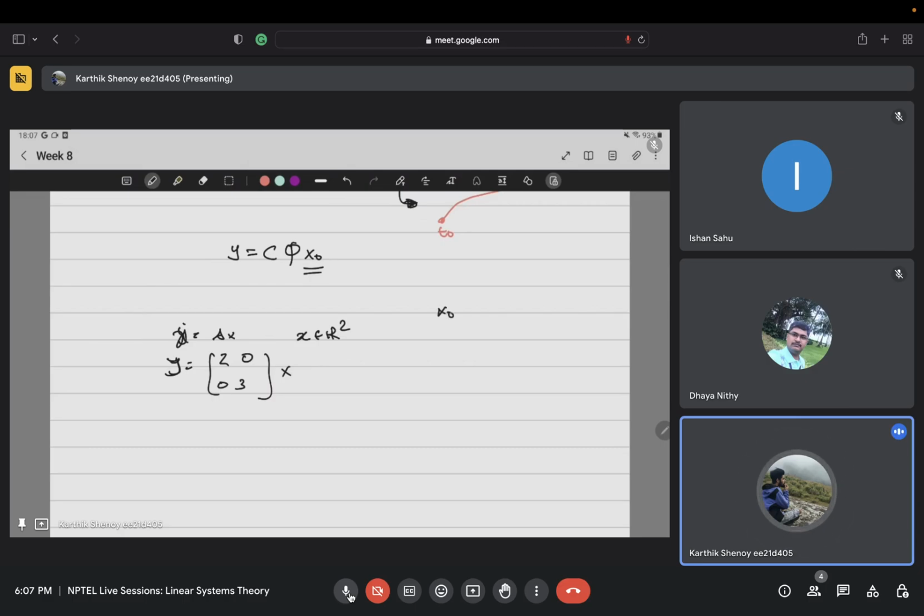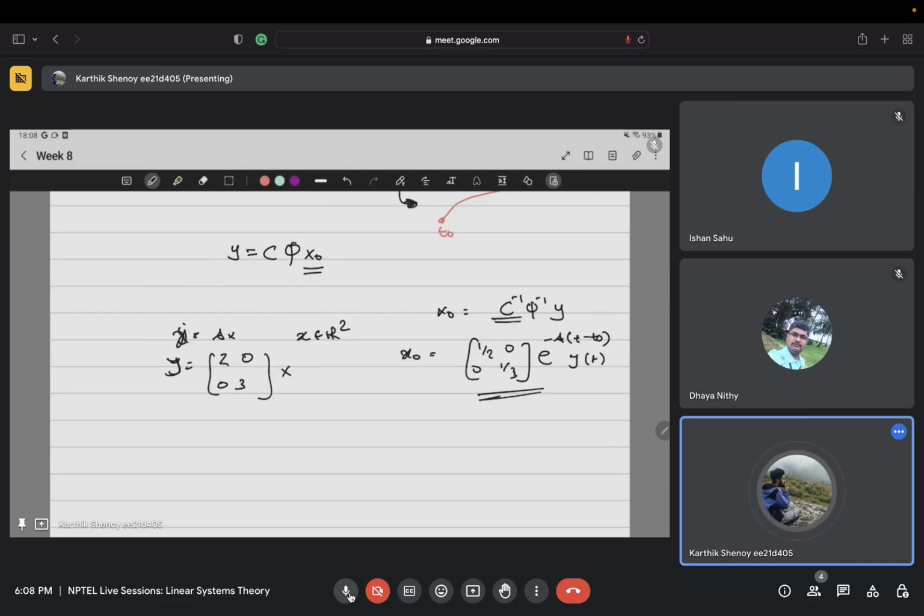Then x naught is pretty straightforward to compute, right? x naught is nothing but C inverse phi inverse y, because C is now invertible. It's the matrix 1 by 2, 0, 0, 1 by 3, times e raised to minus A(t minus t naught) times y of t. This is exactly my x naught.